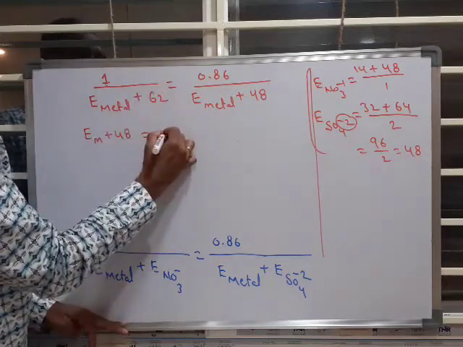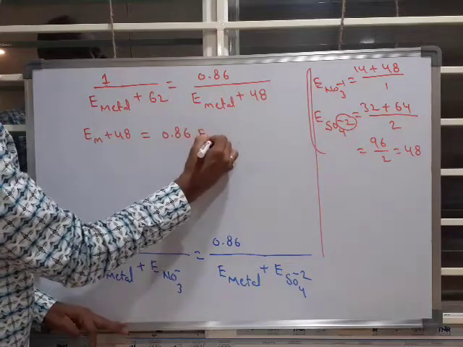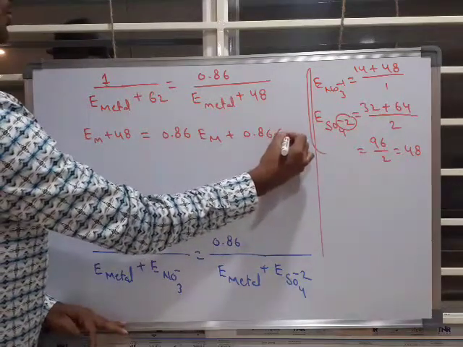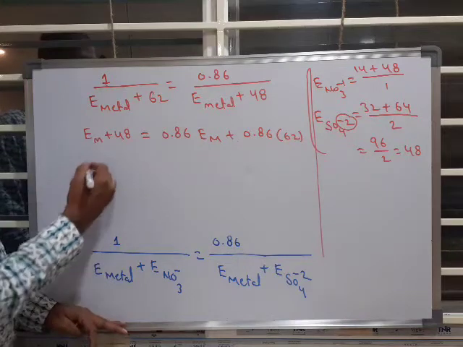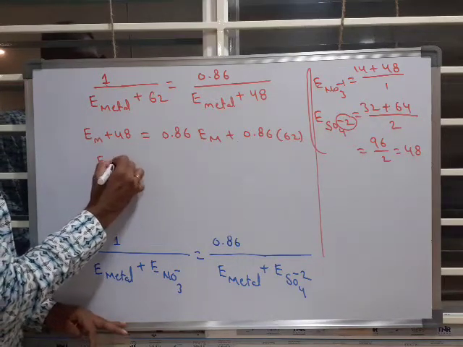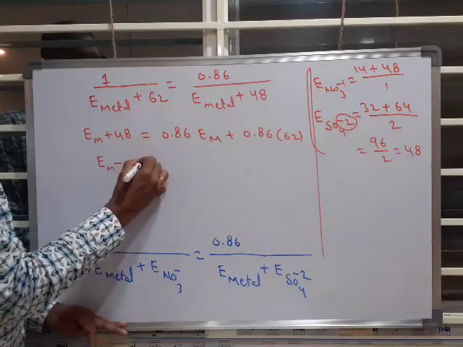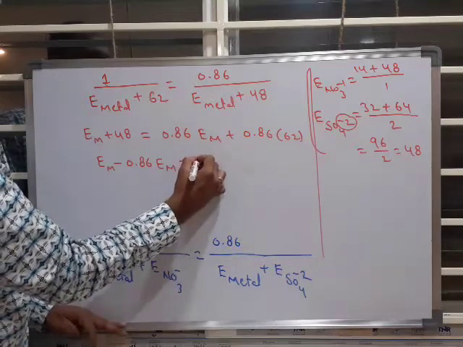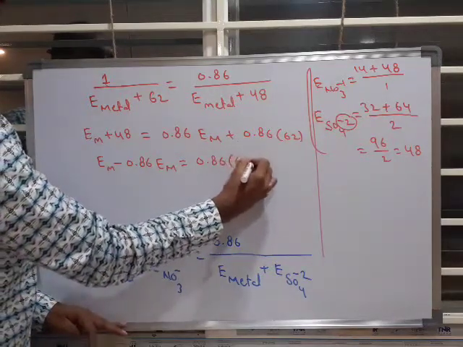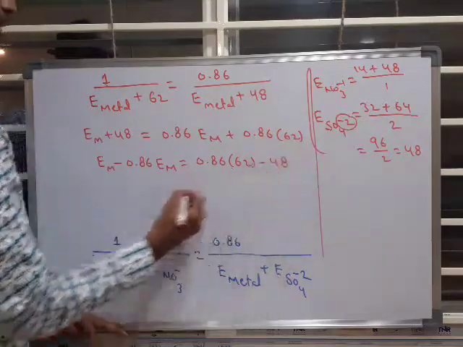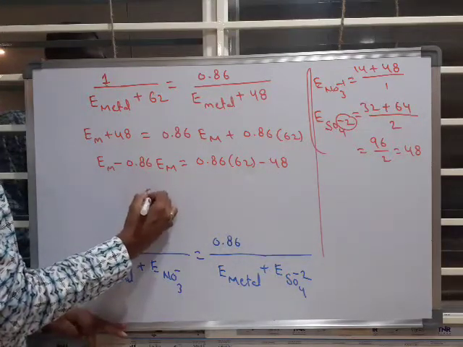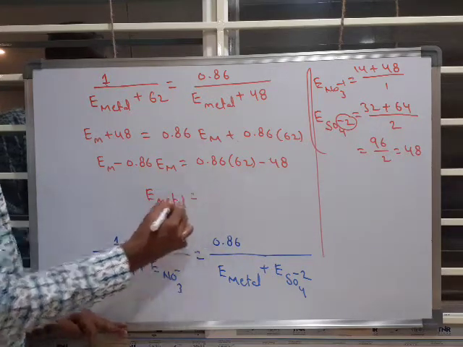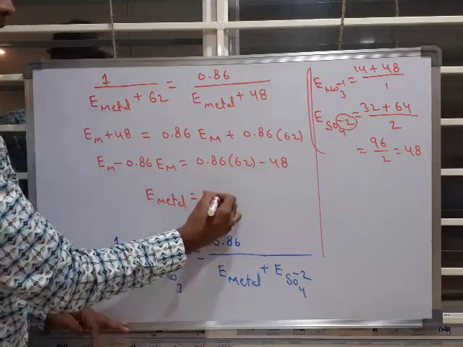Cross multiplication: 0.86 times the equivalent weight of metal plus 0.86 into 62 equals 1 times the equivalent weight of metal minus 48. Moving the terms, 0.86 times the equivalent weight of metal equals minus 48. On the overall calculation, the equivalent weight of metal is obtained as 38.